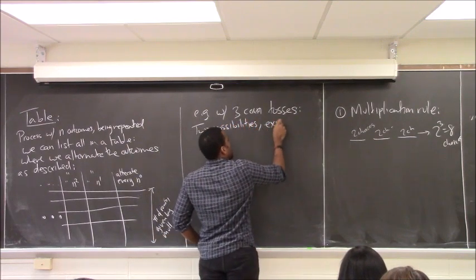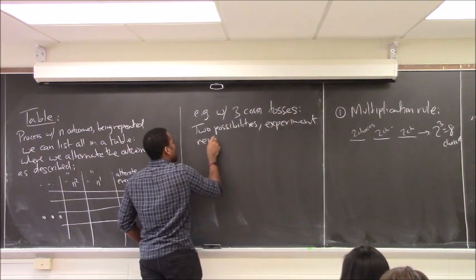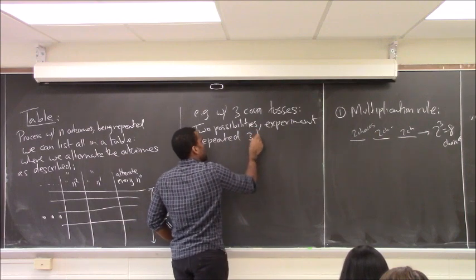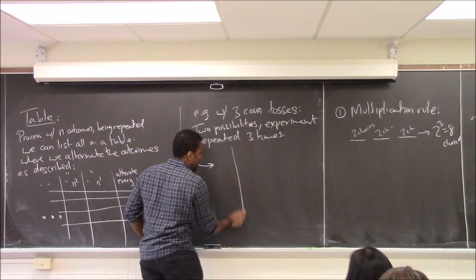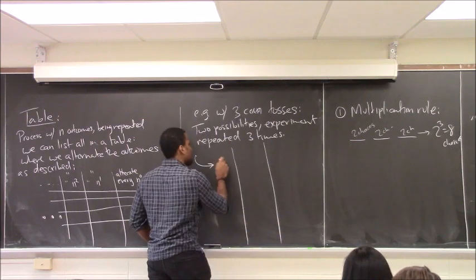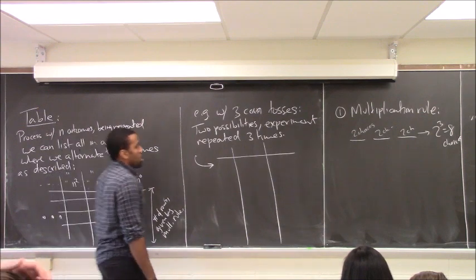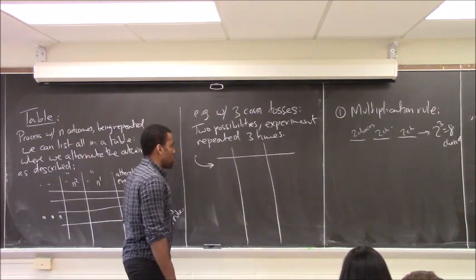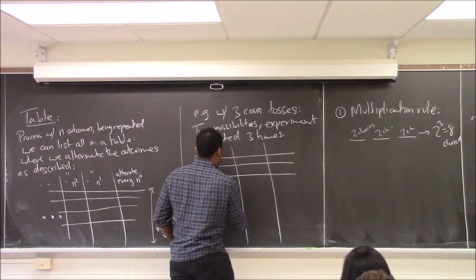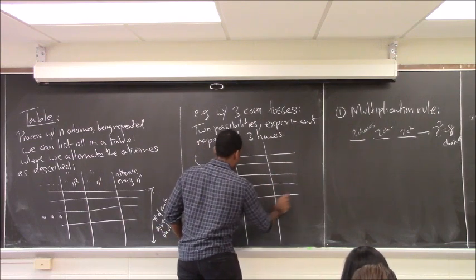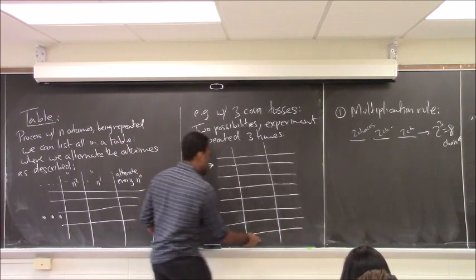And we have the experiment repeated 3 times. Hence, what that means is I can write a table with 3 columns. I know there are a total of 8 total possibilities, so 1, 2, 3, 4, 5, 6, 7, 8.